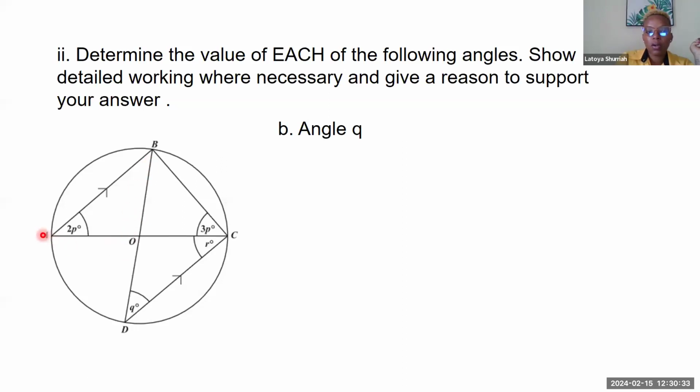Now, the diameter in this case is acting as the chord for this angle ABC. Let's look at the angle BCD. What is the name of the chord that BCD is subtending from?